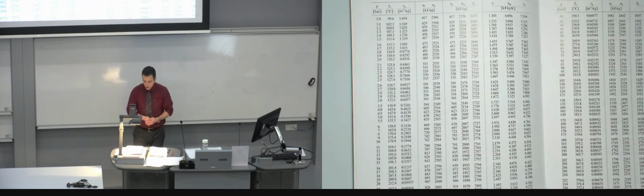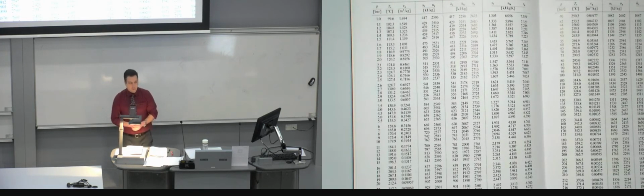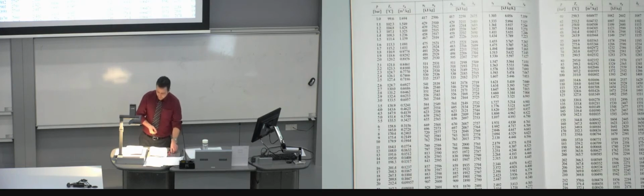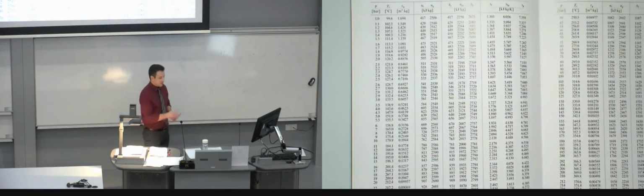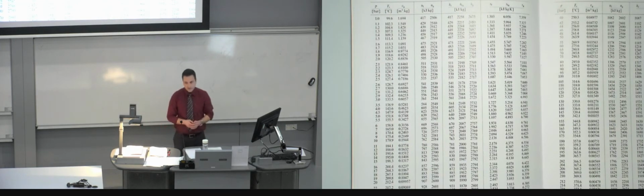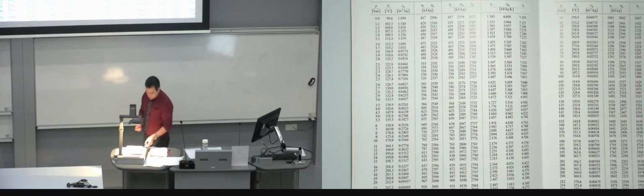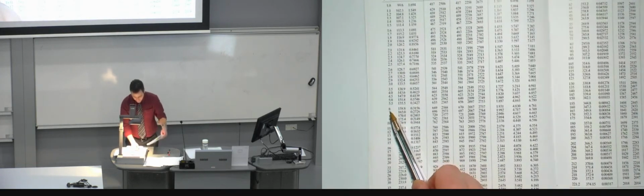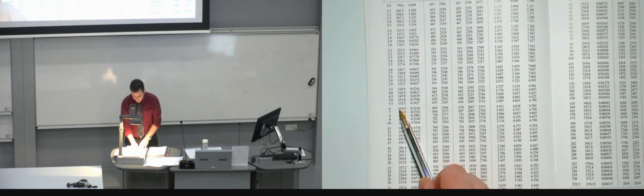Why do we have to go to page 4? Because we know the pressure, so I need the first column sorted by pressure, which makes it a lot easier to find the saturated temperature. So the pressure is 6 bar in here, and you can read off the saturated temperature to be 158.8 Celsius.